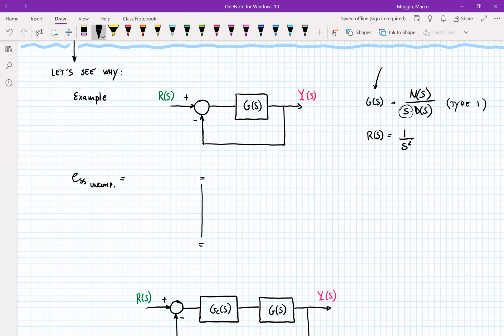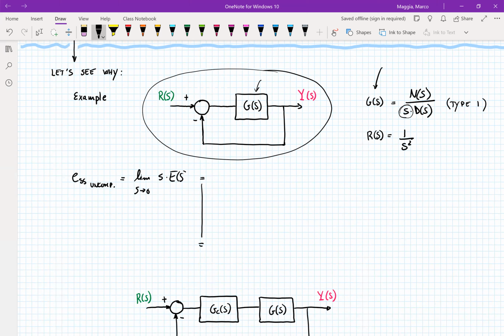Let's now compute the steady state error for the uncompensated system. Here, of course, there's no compensator. We're just closing the loop with only the process. So by definition, the steady state error is the limit for s that goes to 0 of s times e of s.